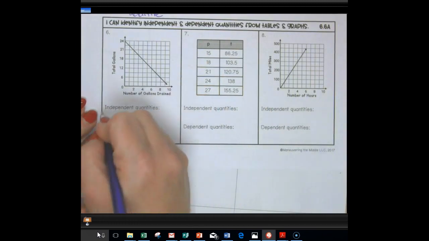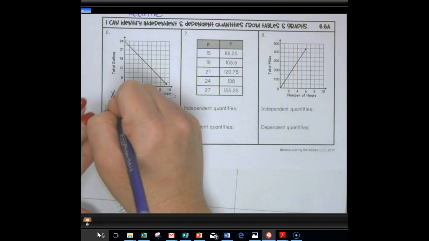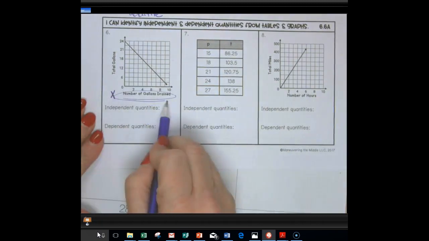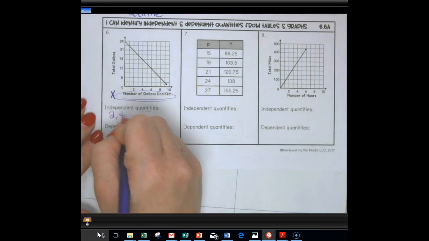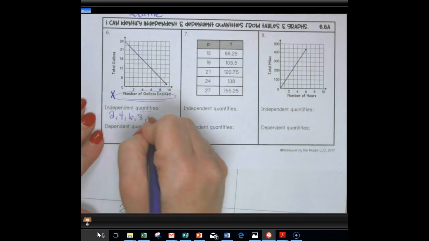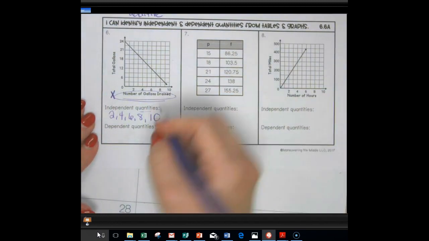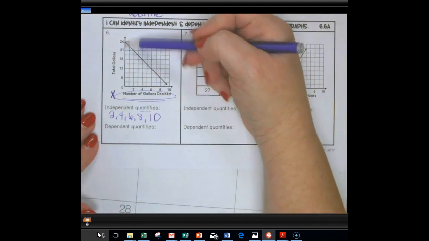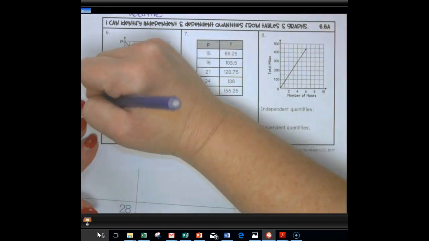Number of gallons is my independent. Your x is always your independent. So the numbers are 2, 4, 6, 8, 10. Your dependent is always your y. So x is your independent.